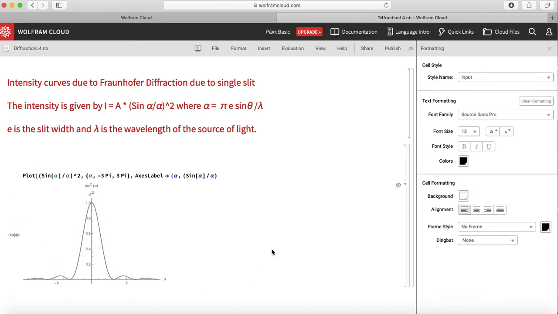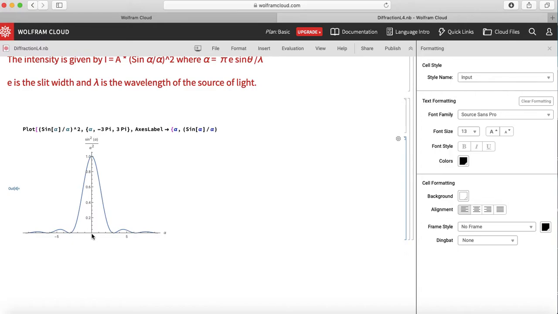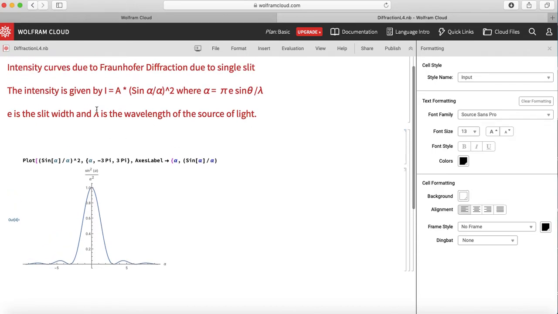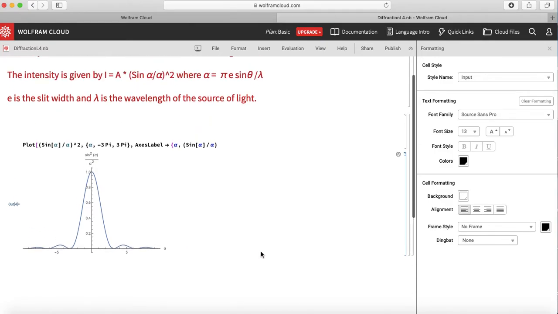Yeah, so what do we get in this graph? At alpha equal to 0 we got a primary maximum, and also from the equation I equal to A (sin alpha / alpha) whole squared, we can see that at alpha equal to m pi I will get minima. These two pieces of information I already got from this curve. So this is my primary maximum and the minima.